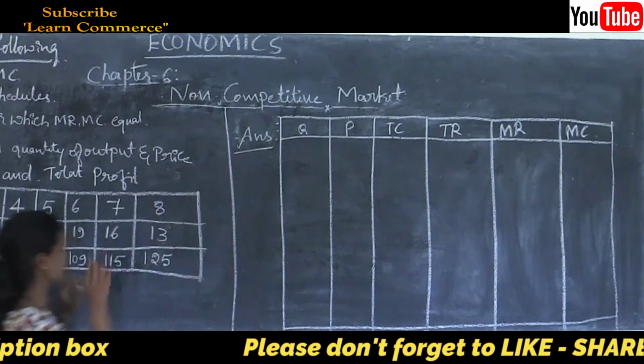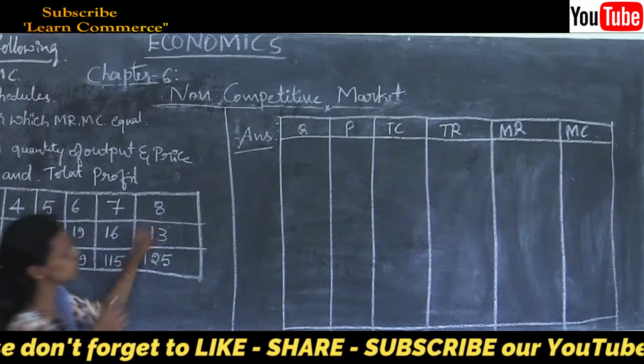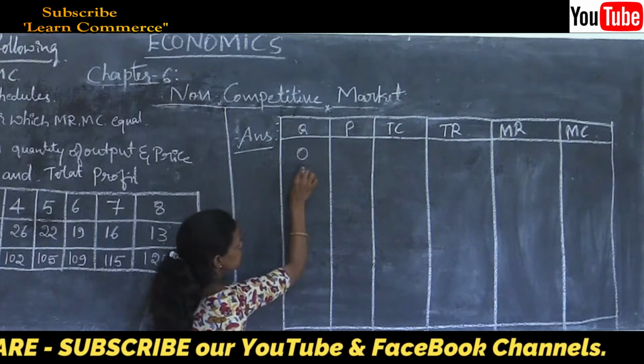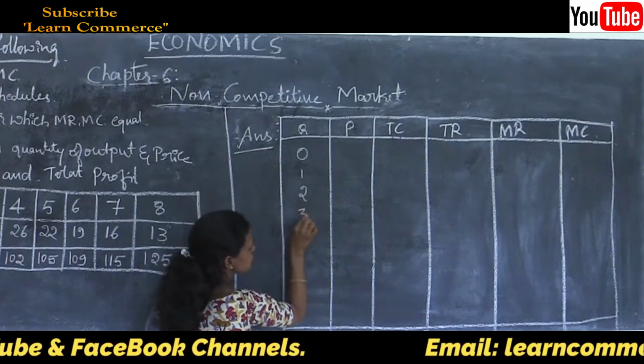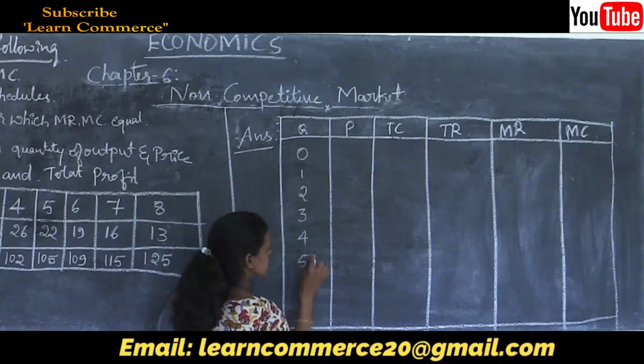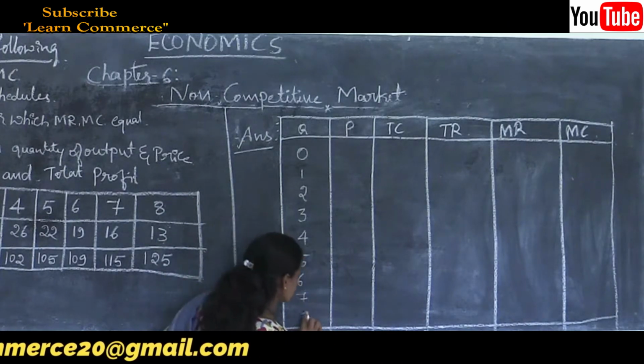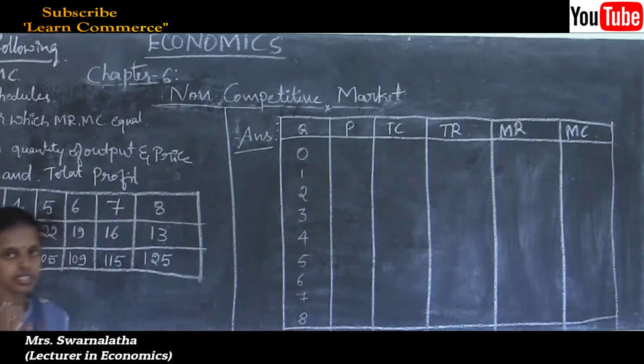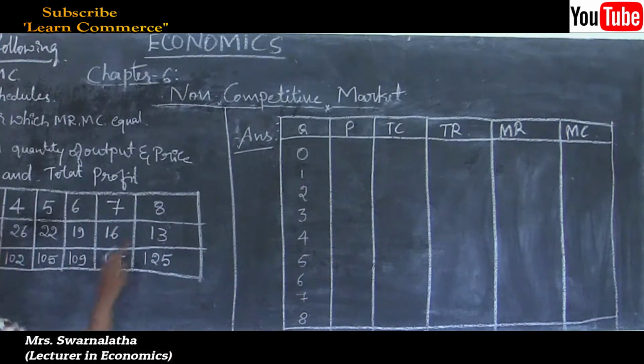See here, quantity produced is given as 0 to 8: 0, 1, 2, 3, 4, 5, 6, 7, 8. Quantity or output, write it as it is.